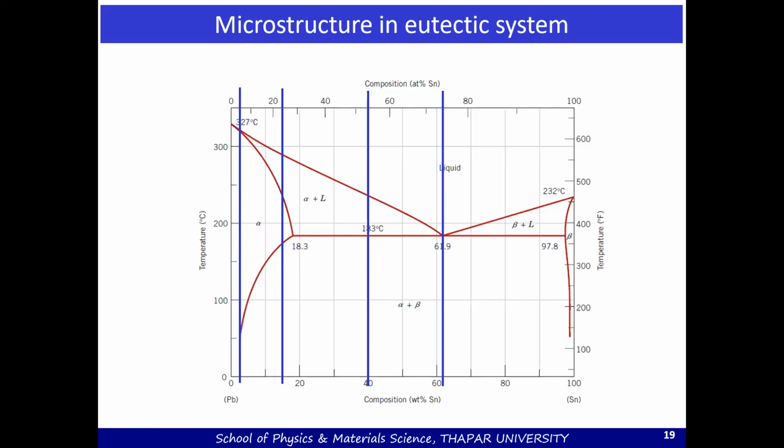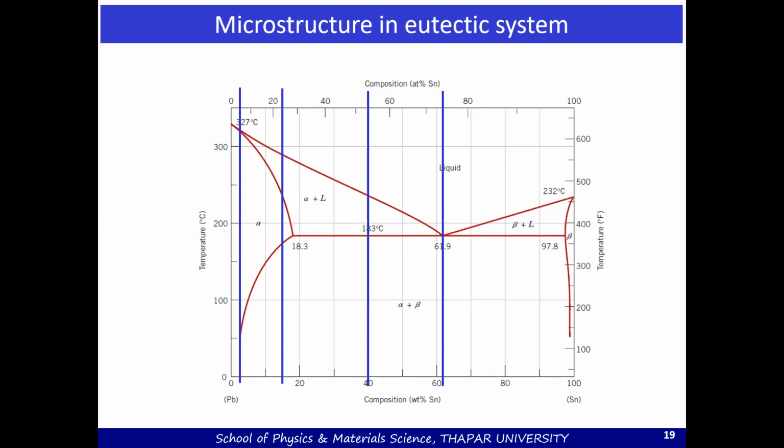So let's begin today's discussion. In yesterday's class, we understood how the phase evolves when you perform an equilibrium cooling, which is the slow cooling, and how the solid phase evolves when you perform the non-equilibrium cooling.